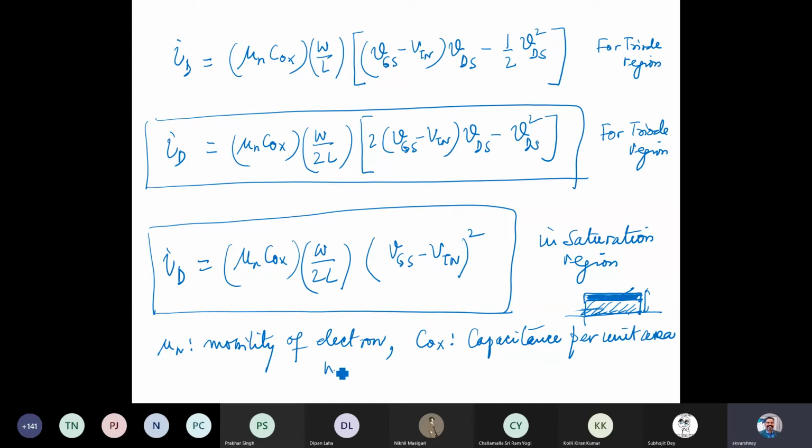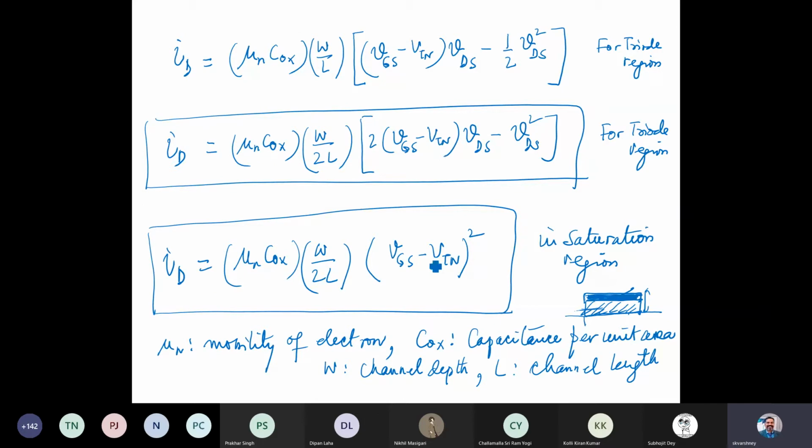W is your channel depth, or width, and L is the channel length, right? And what other parameters? VGS is the voltage applied to the gate terminal with respect to the source, and VTN is the threshold voltage.